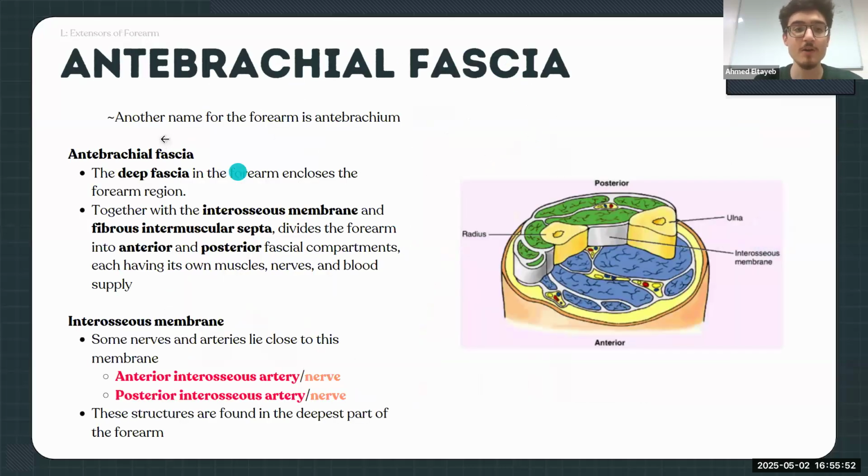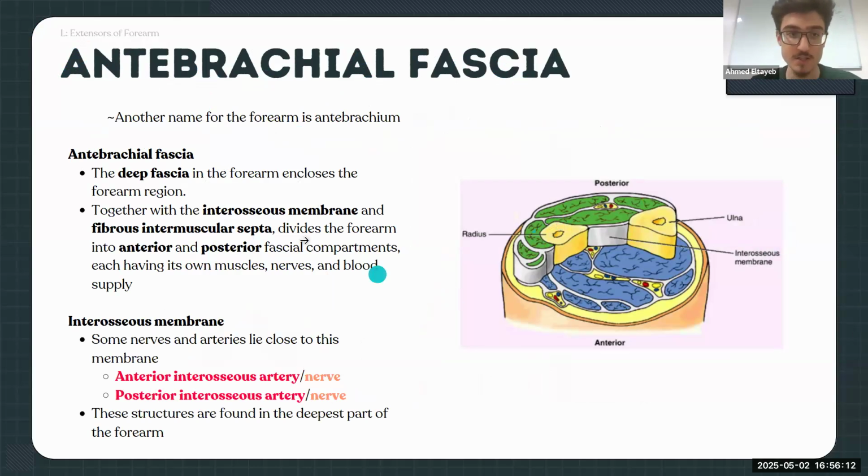So now let's move over to something called the antebrachial fascia. We're going to start with the extensors of the forearm. This is the first step of getting there, which is basically what you would find if you went even deeper than the forearm region.